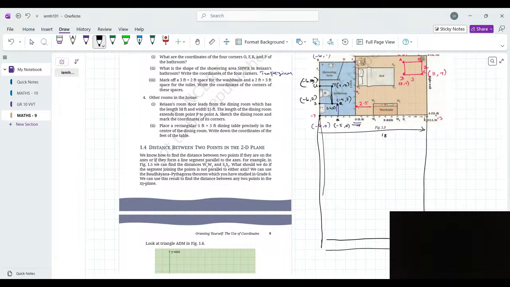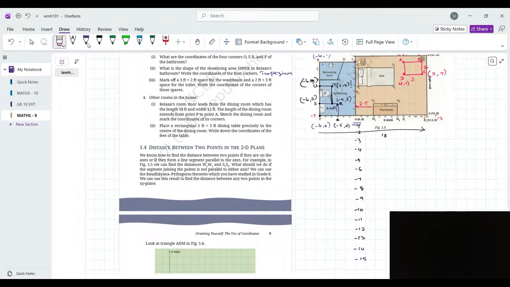So let me just mark this: 0, minus 1, minus 2, minus 3, minus 4, minus 5, minus 6, minus 7, minus 8, minus 9, minus 10, minus 11, minus 12, minus 13, minus 14 and minus 15. So the graph can be extended up to this same way.